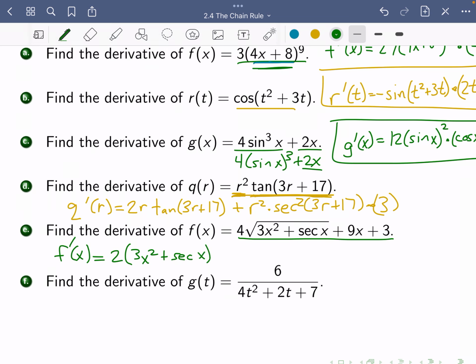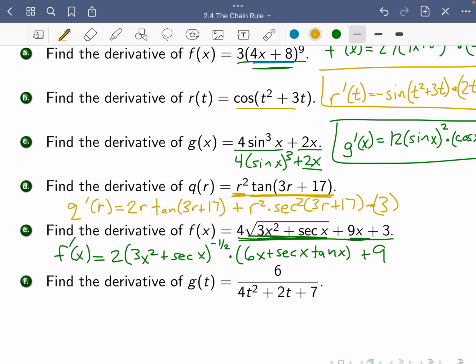We subtract 1 from the power, so that power was a 1/2. Now it's going to be a negative 1/2. Times the derivative of the inside. The inside is going to be 6x plus secant x tangent x. So all of that is just the derivative of this first piece. And then to that, plus the derivative of 9x, which is 9, plus the derivative of 3, which is 0. Excellent.